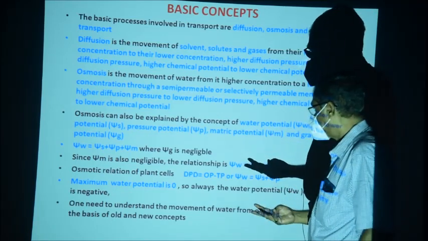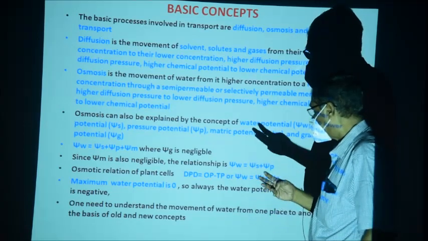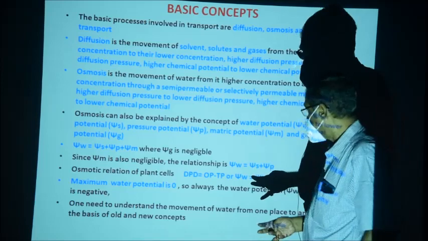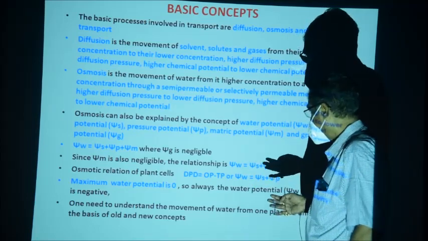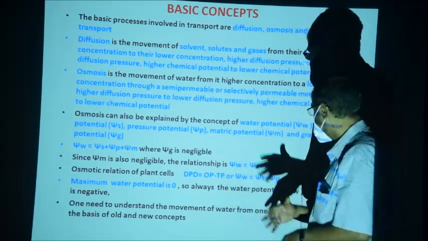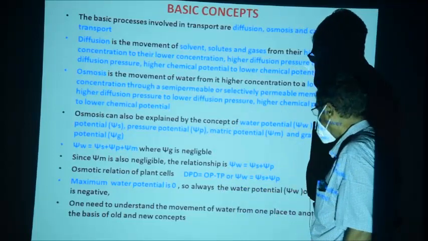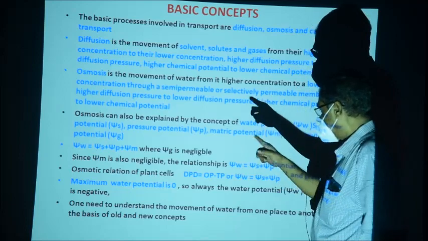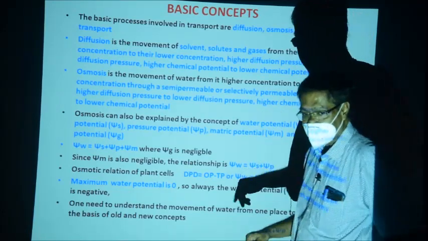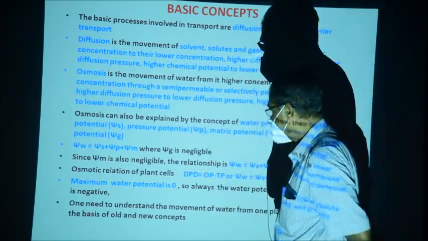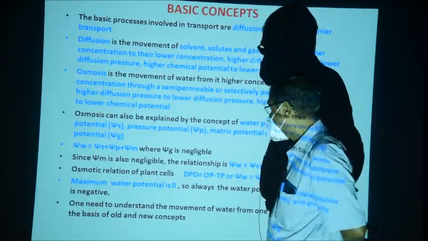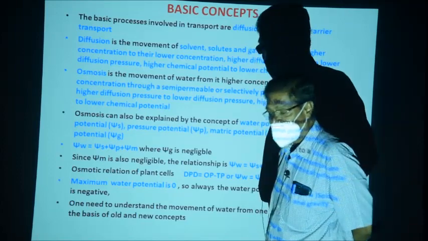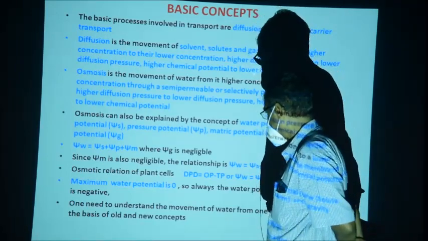Solute, which is because of solute present in water; pressure; then matric, that is the substance in which it is moving; and gravity, the gravitational pull. So the equation is: psi W, that is water potential, is equal to psi S, that is solute potential, plus psi P, that is pressure potential, plus psi M, that is matric potential.